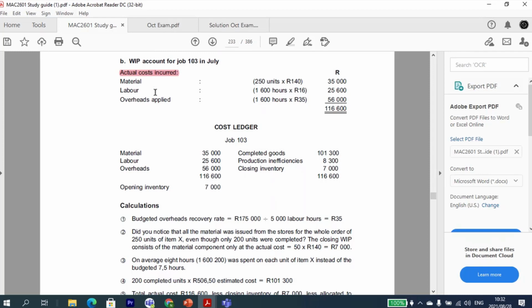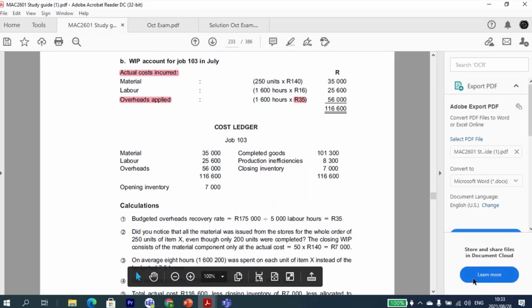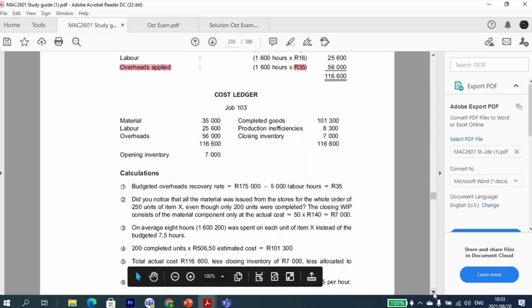So your material, your labor, and now remember, as much as it's actual cost, your overheads are always on the estimated rate, the 35 Rand. So that's what you use, you get your answer. This is how your ledger would look like, right?